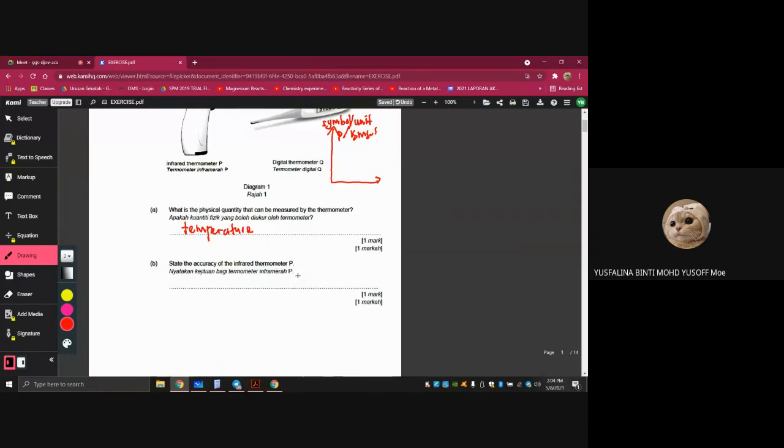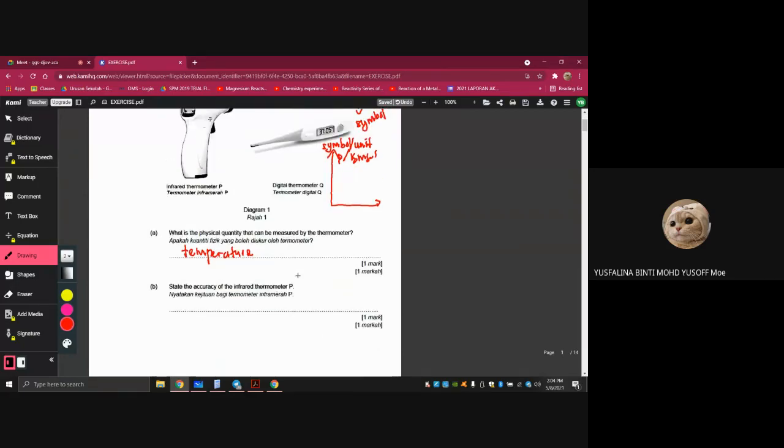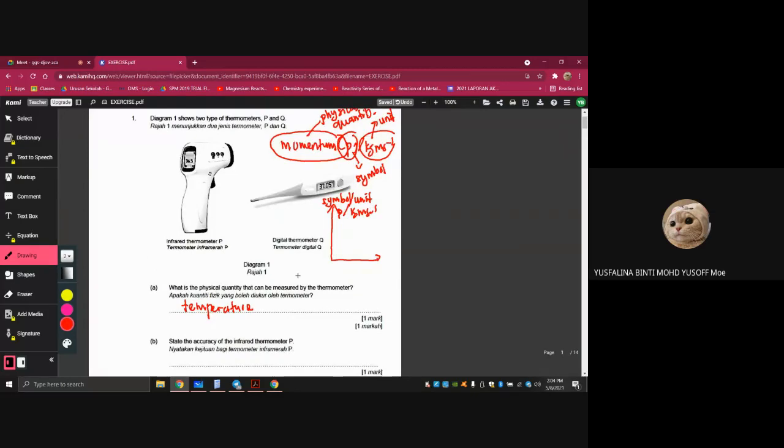Let's see for B. State the accuracy of the infrared thermometer P. You can see here the reading is 36.5 degrees Celsius. The accuracy means the smallest scale that the infrared thermometer can give.